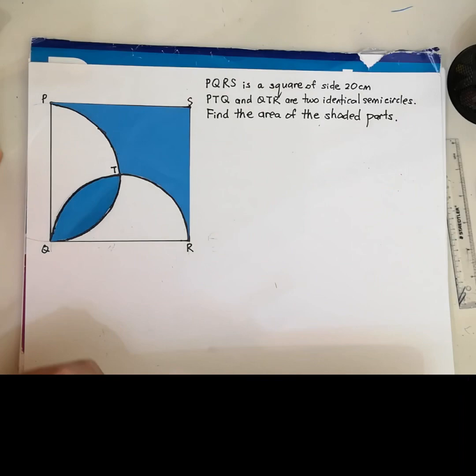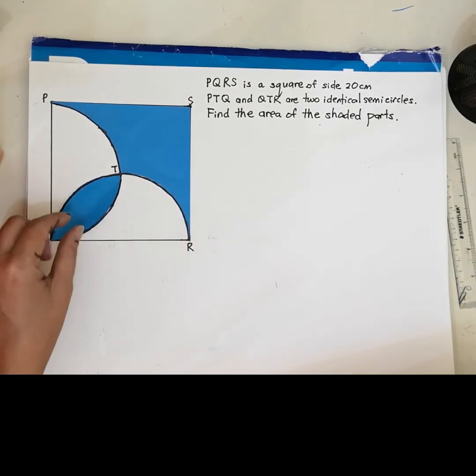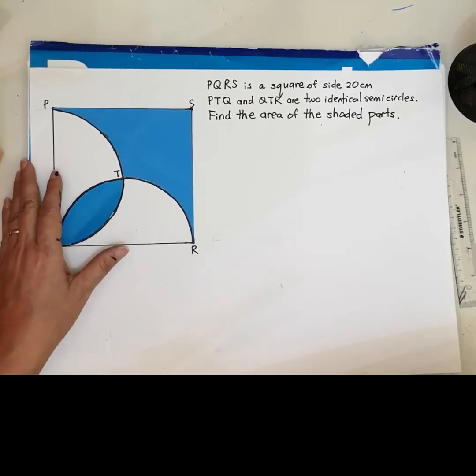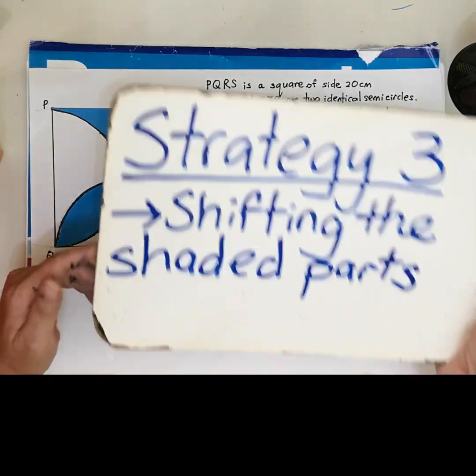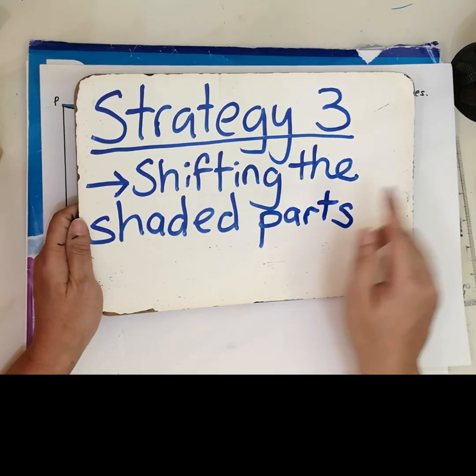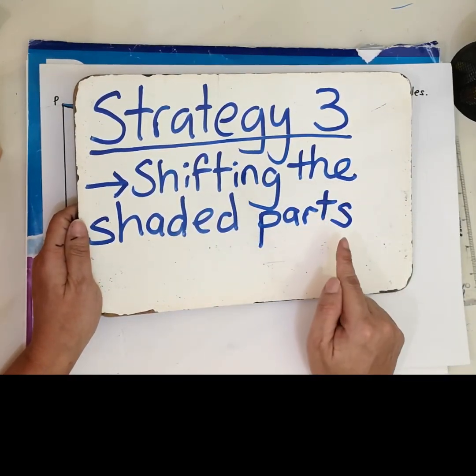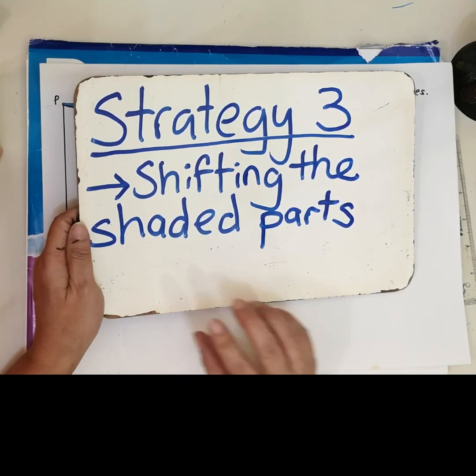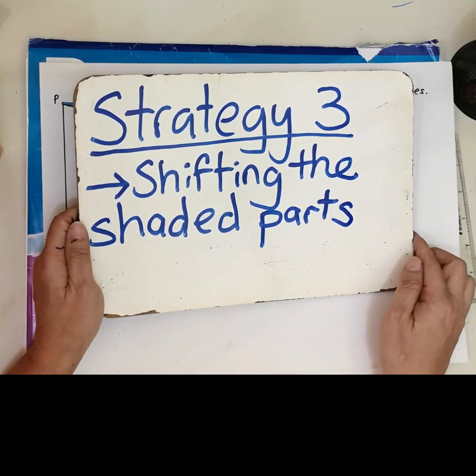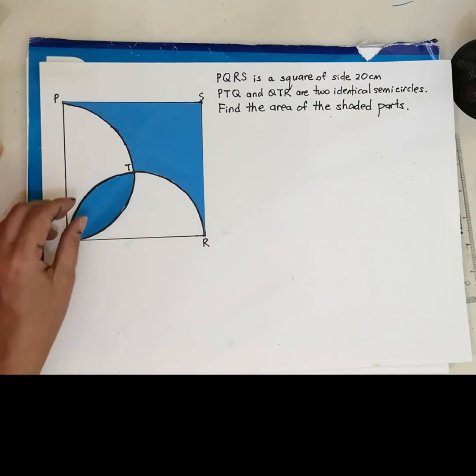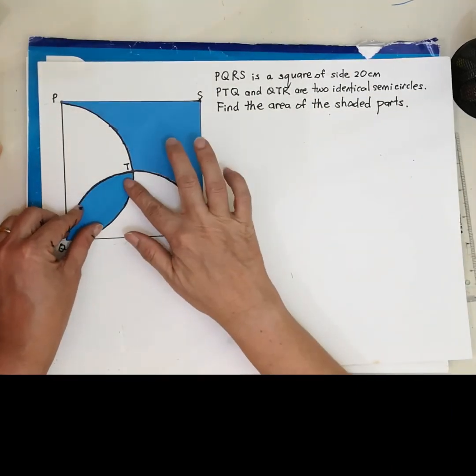The next strategy that you're going to learn to find the area of the shaded parts in a composite figure is by shifting the shaded parts such that it will form a shape that you're familiar with. So let us look at this question.